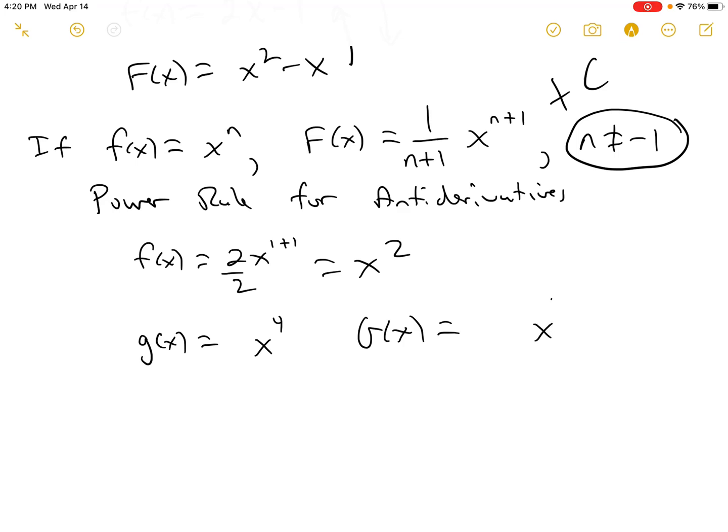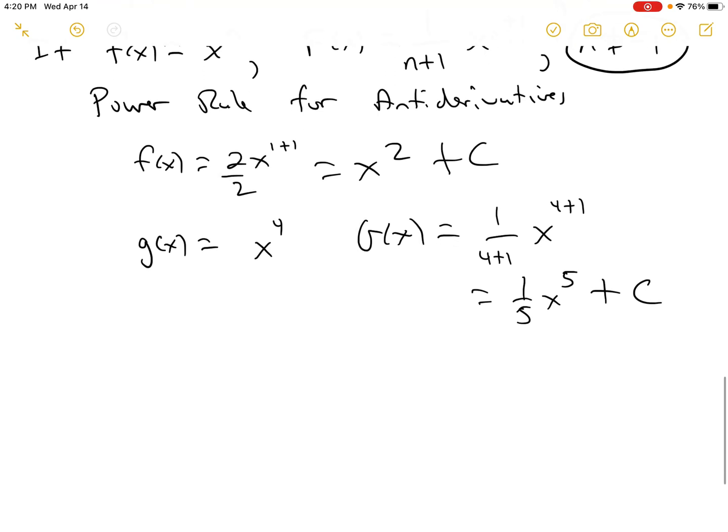You take x to the 4 plus 1, and you put 1 over 4 plus 1 out front. So it's 1/5 x to the 5th plus a constant, right? So when you differentiate, you subtract and multiply, and when you integrate, you add and divide. Separation of church and state. Okay.